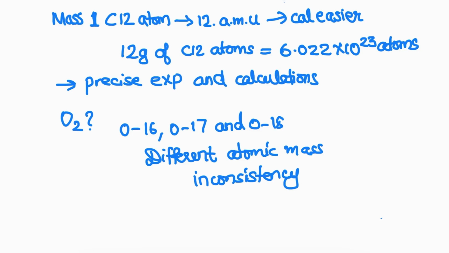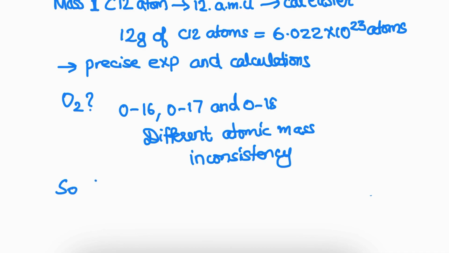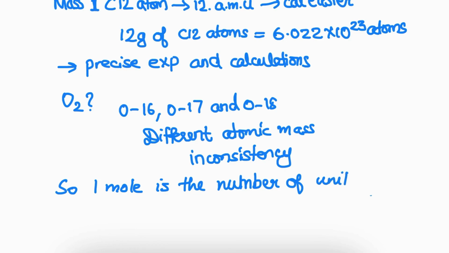So to make it easier, they standardized carbon-12's atomic mass as 12 atomic mass units and decided that we'll go along with this. So how will you define 1 mole? 1 mole can be defined as the number of atoms present in 12 grams of pure carbon-12.